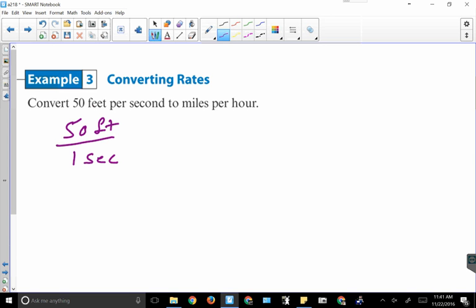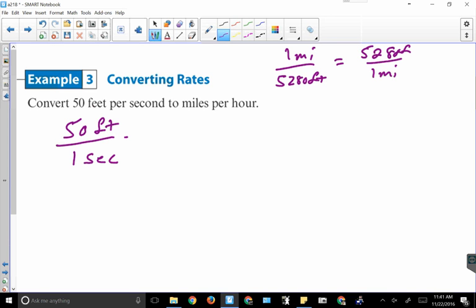Do I know anything about how many feet are in a mile? Well, I happen to know that 1 mile is the same as 5,280 feet. Okay? 5,280 feet, 1 mile. So you've got another unit multiplier to work with.